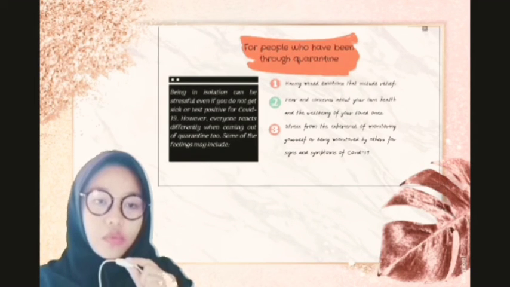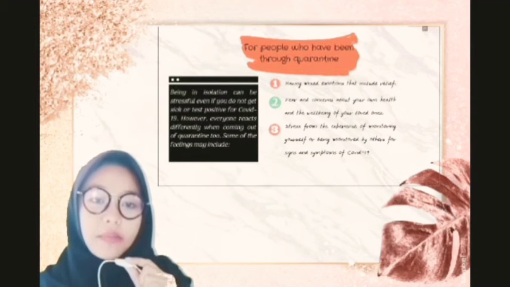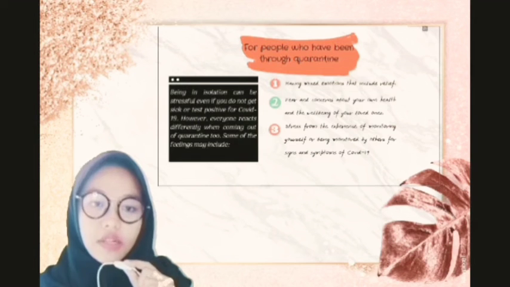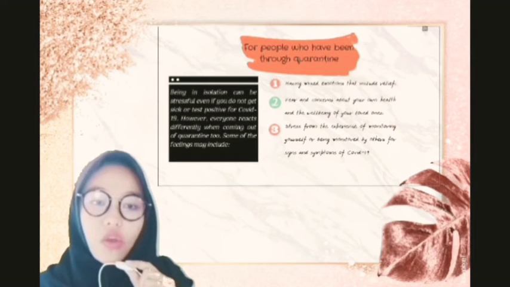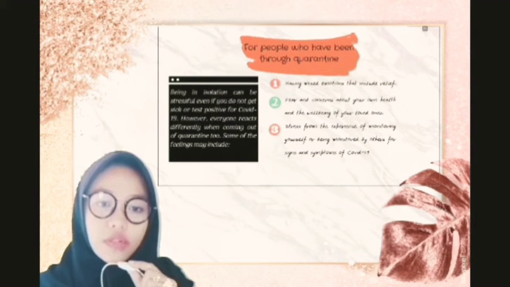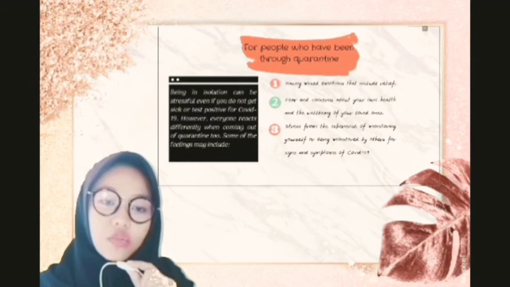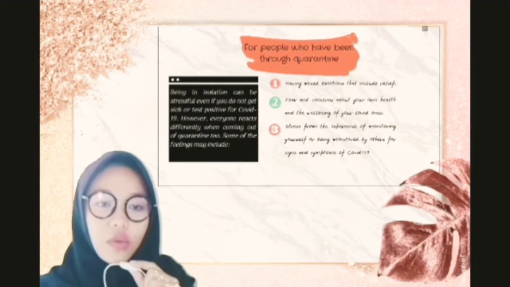For people who have been through quarantine, being in isolation can be stressful even if you do not get sick or test positive for COVID-19. However, everyone reacts differently when coming out of quarantine too. Some of the feelings may include: 1.